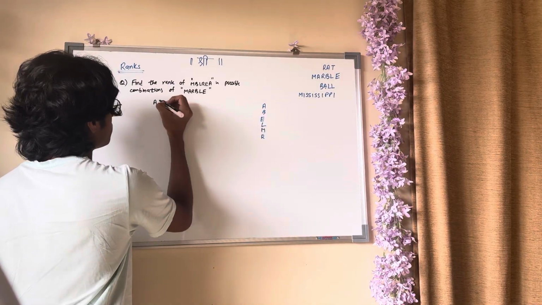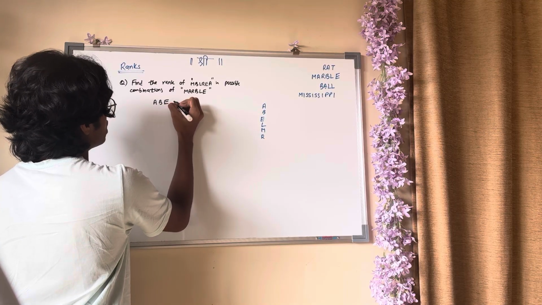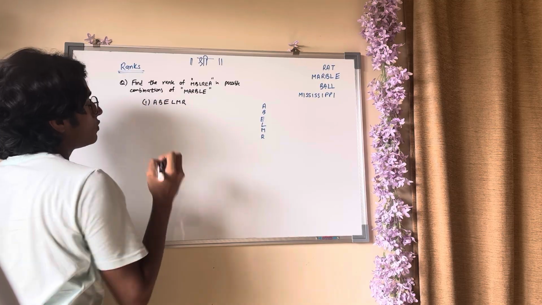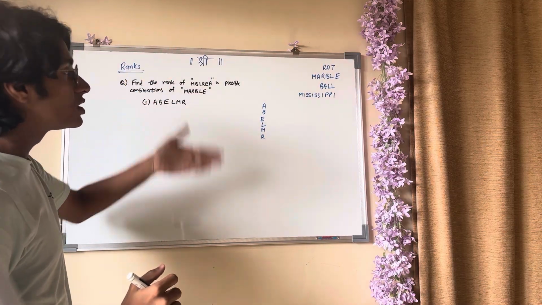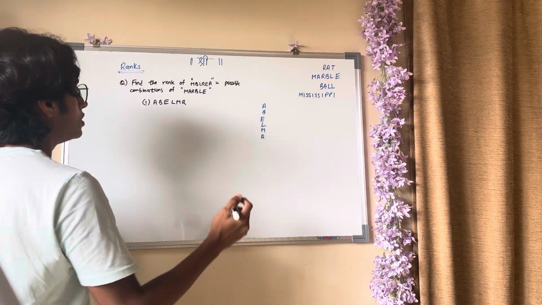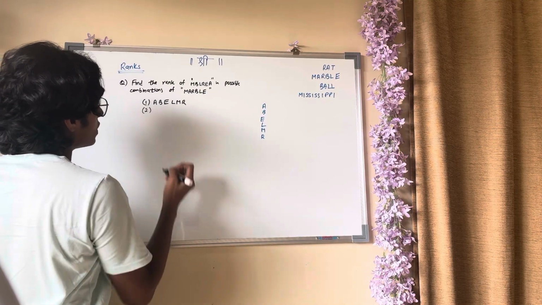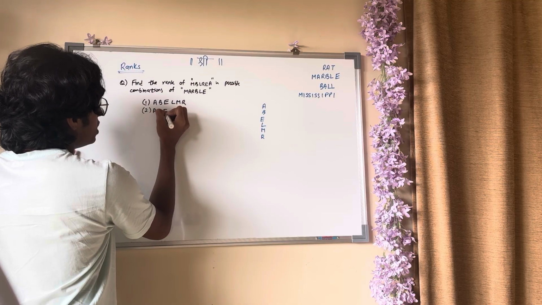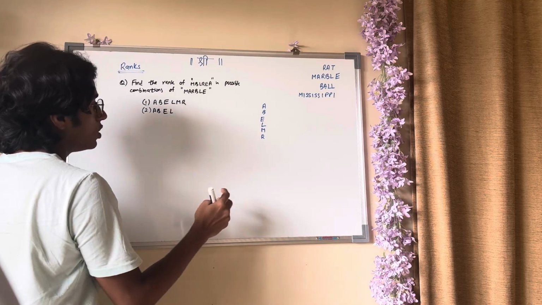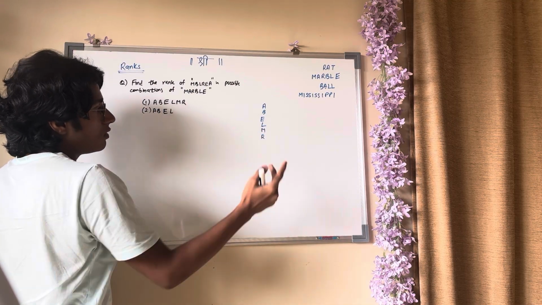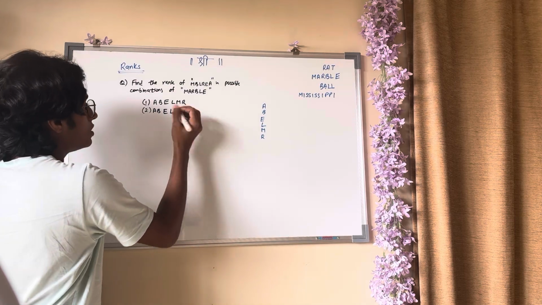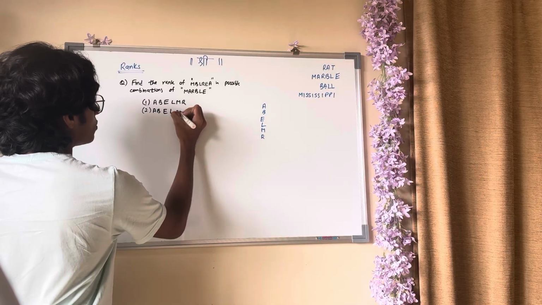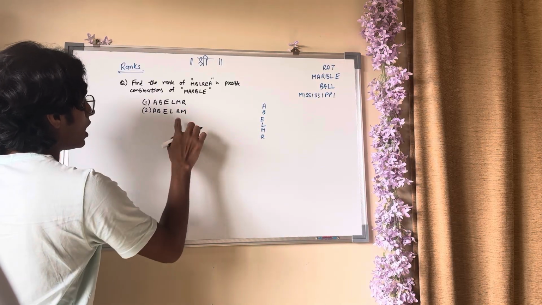Then we have B. A, B, E, L, M, R will obviously be the first word of the dictionary that we are forming. Second, we have to go alphabetically. A, B, E, L would be the same. Only the last two letters of the word would get swapped. So the second word would be A, B, E, L, R, M.